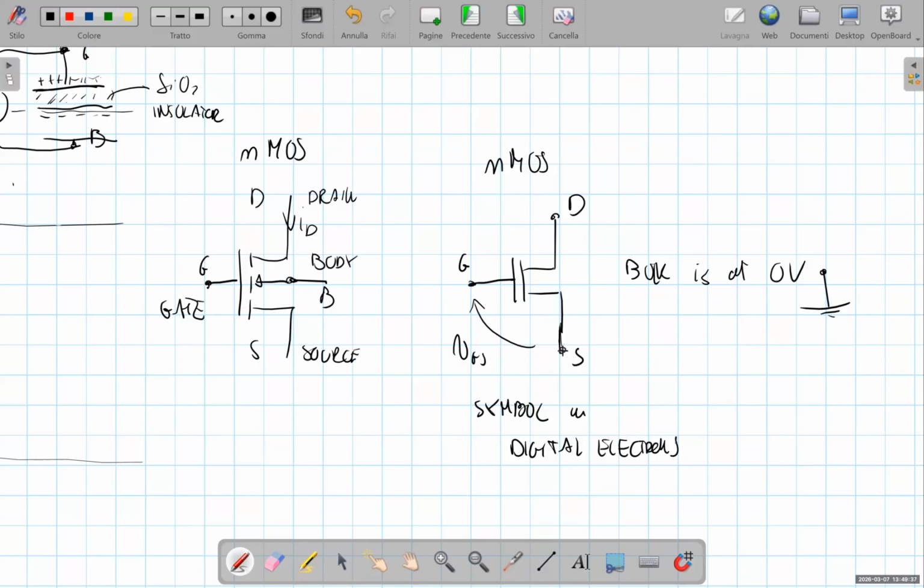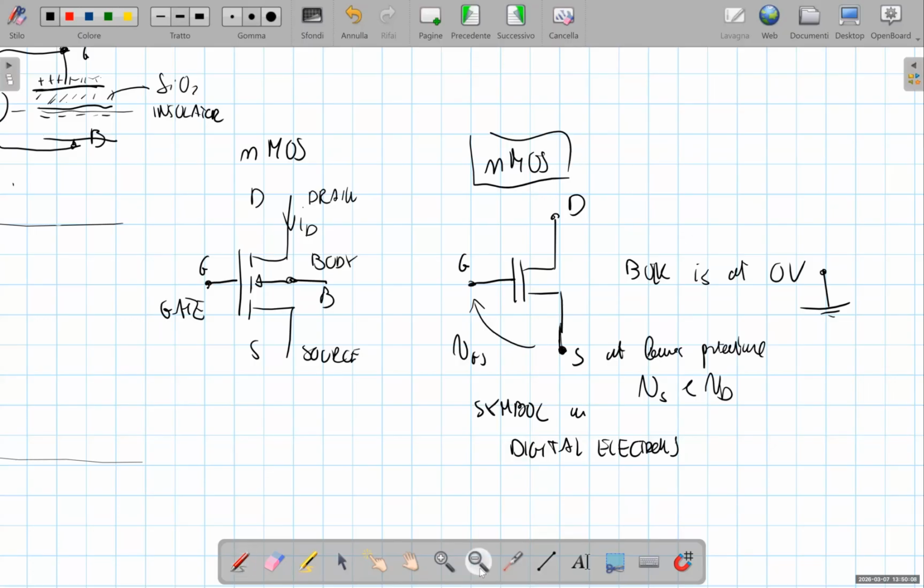By the way, we can differentiate between the source and the drain, since the source is the terminal between the source and the drain at the lowest potential. So the source is at lower potential by definition. So we have that Vs is less than Vd in an NMOS transistor.